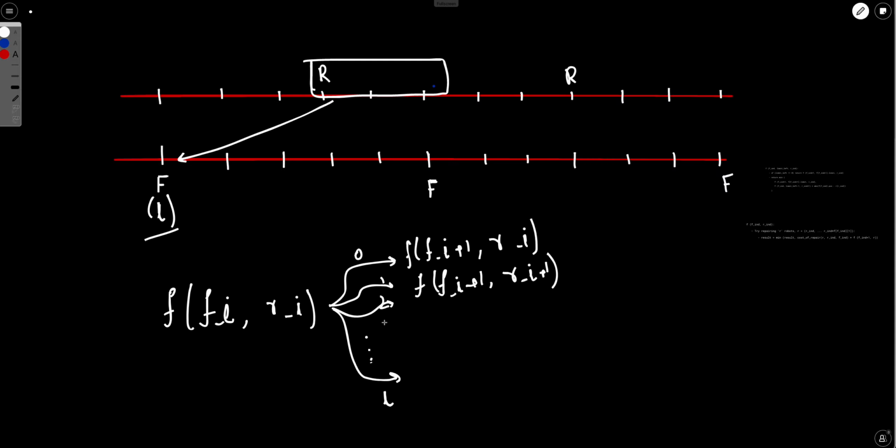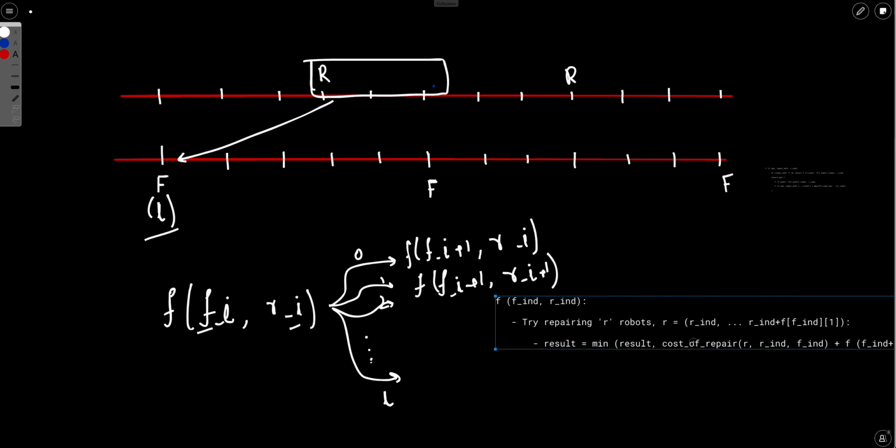So this is one possible state. And remember, as discussed, while we are at factory i and robot i, we don't care what happened to any of the factories or robots before this. That is completely useless at this point. So this is one possible approach. Let's look at the pseudocode. The pseudocode is very similar to what we just discussed.